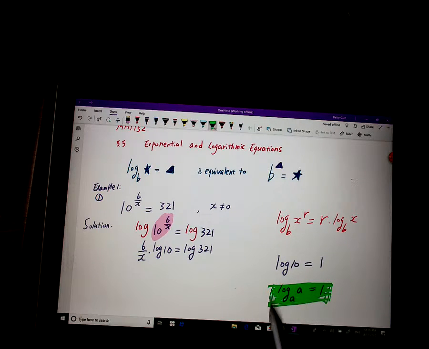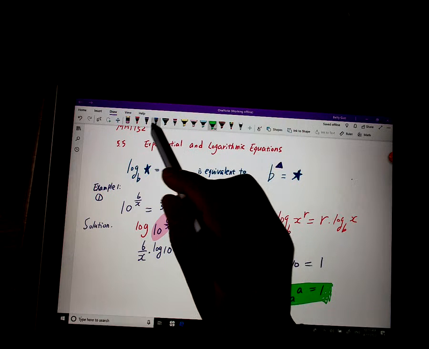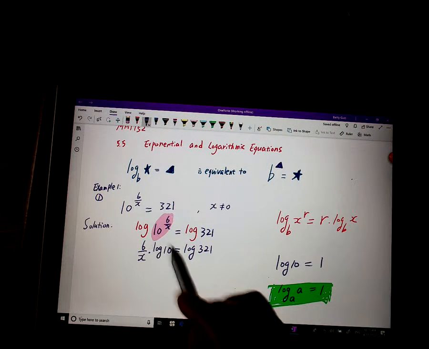So you would know common logarithm of 10 equals 1. If you try your calculator, you would have the same thing. Log 10 equals 1. So this part would be 1, and we can just get rid of it.